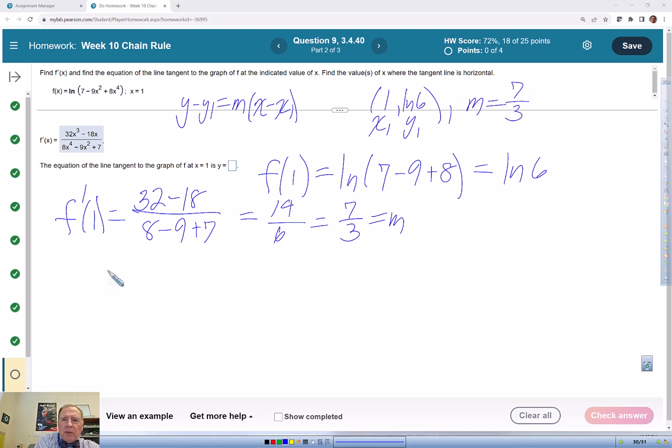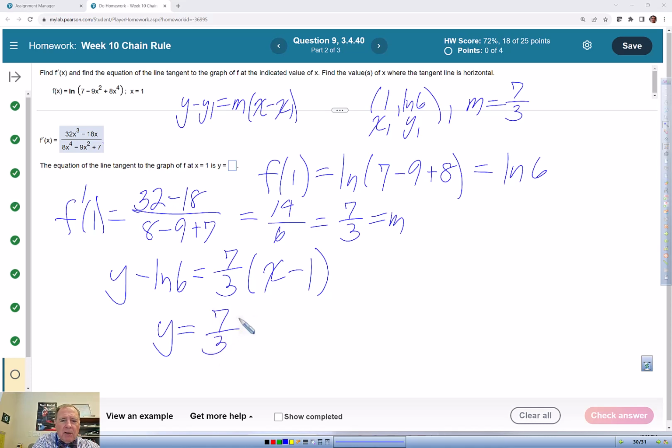So using the point slope form, y minus the natural log of 6 equals 7/3 times x minus 1. And the book just wants y by itself, so I'm not going to get into the slope-intercept form. I'm just going to keep 7/3 times x minus 1, then add the natural log of 6 to both sides.